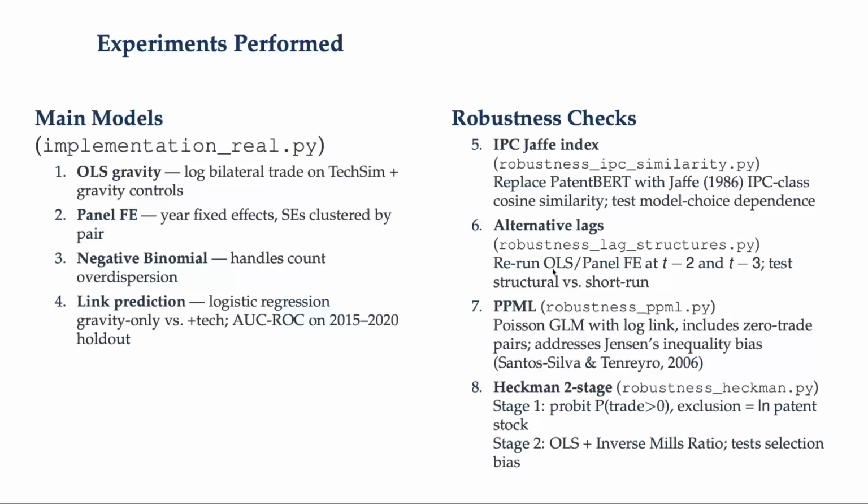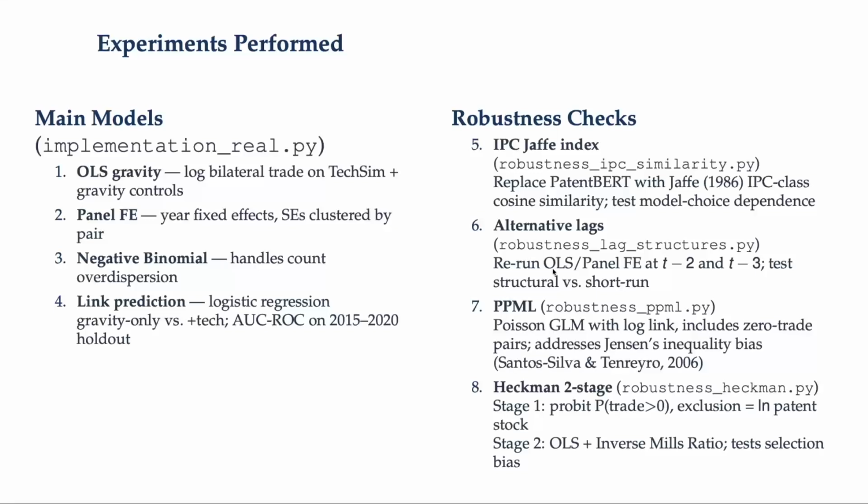To check robustness, I added all different types of checks. The first thing I did was the IPC Jaffe index, which is from before using NLP models. The 1986 IPC class cosine similarity was used to check technology similarity. That is basically the classification code of the patent, so the content of the abstract is not used at all to calculate that similarity.